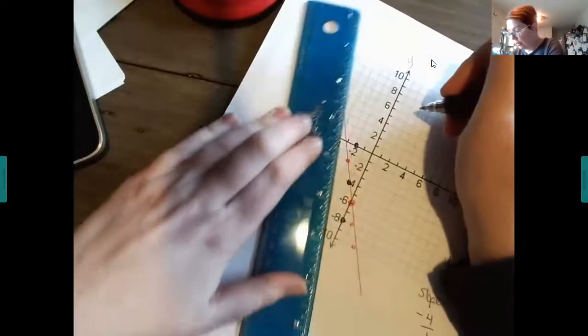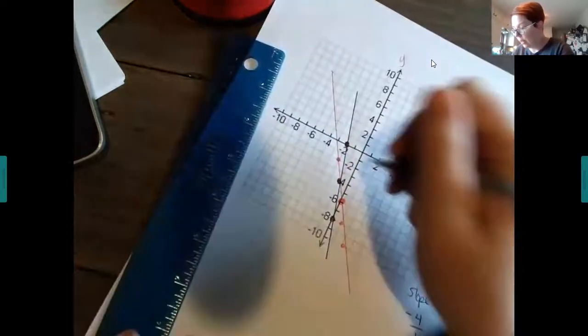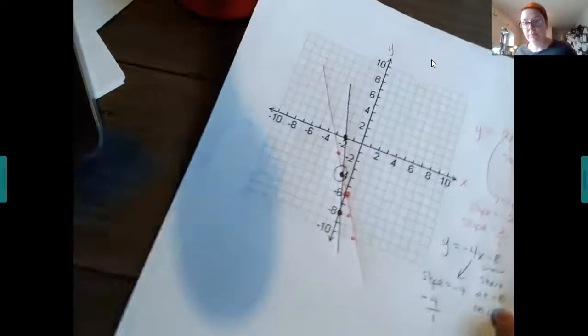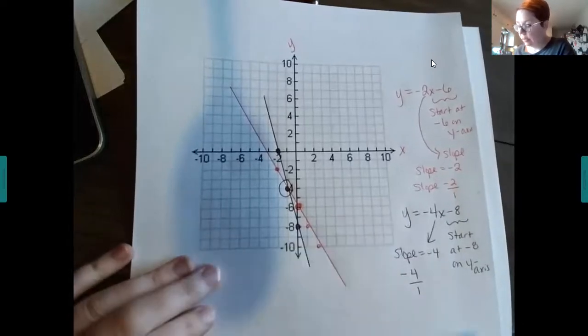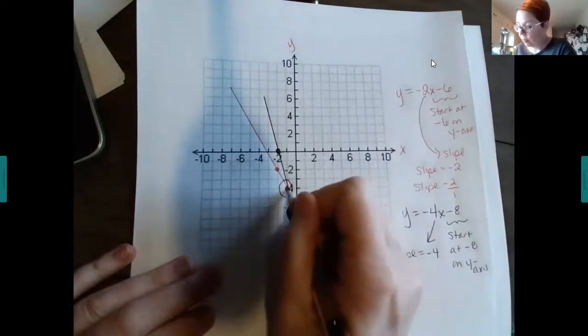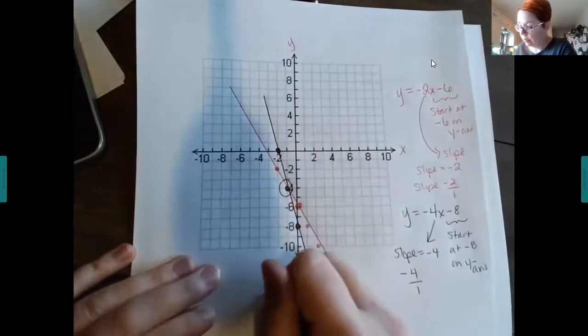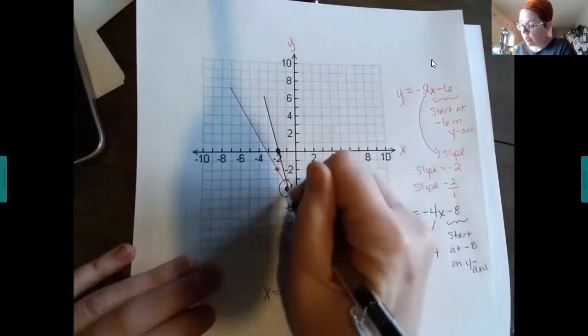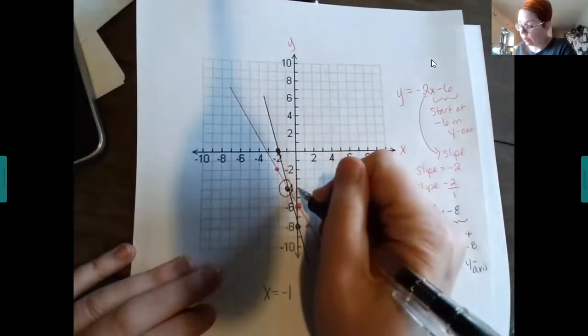So when I make this line, I see it intersects right here. So the solution to that is the x value at this point. So the x value here is negative 1. And then the y value is negative 4.